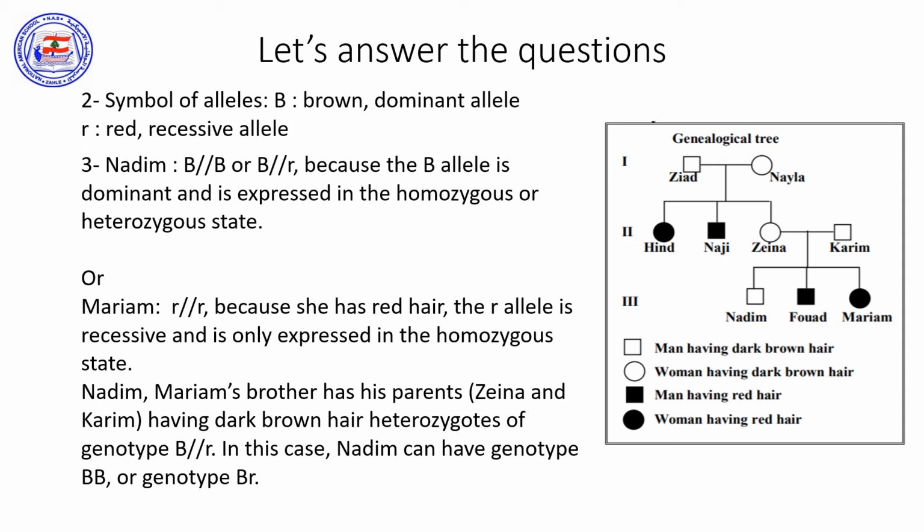So Nadim, who is Mariam's brother, has his parents Zaina and Karim with dark brown hair, heterozygotes of genotype Br. In this case, Nadim can inherit capital B from Zaina and capital B from Karim, or capital B from one of them and small r from the other. So he can have both possible genotypes, BB or Br.